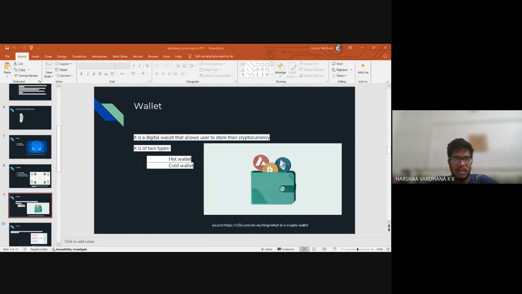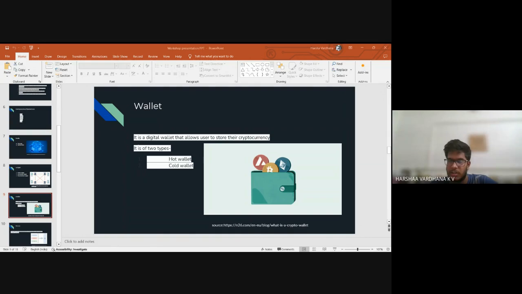If you want decades of storage, we go for cold wallets. It's a completely offline cryptocurrency wallet. So, what are a few examples of cold wallets? We have hardware wallets, which are physical devices. We have paper wallets, like a printed or written record of wallet information, etc.